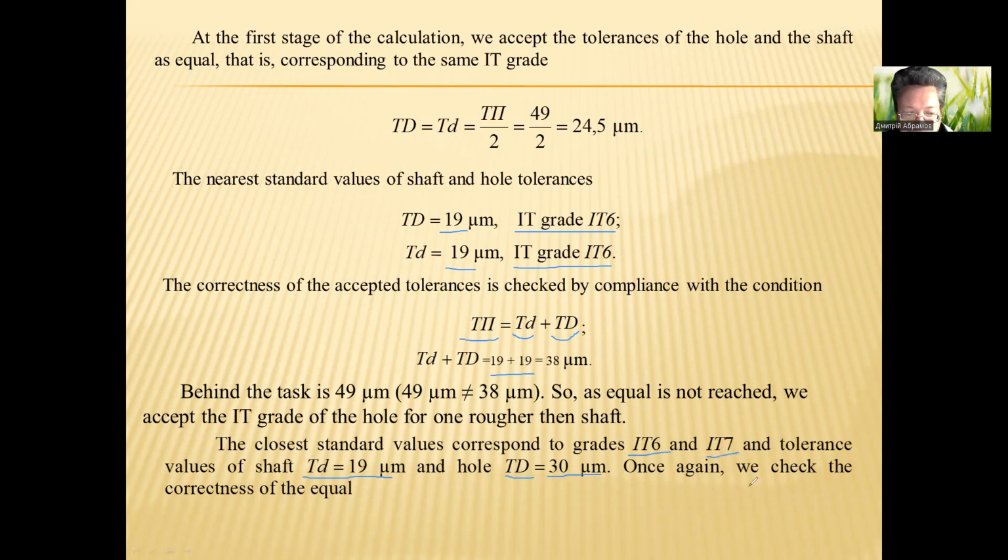Once again, we check the correctness of the equality. The sum of the tolerance of the shaft and of the hole, 19 plus 30, we will have 49, and in the task we have 49 micrometers. So the equality is reached.